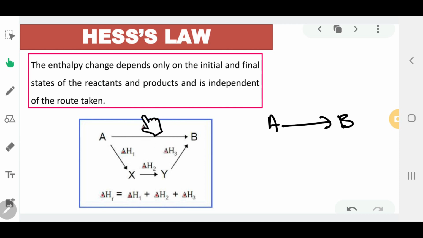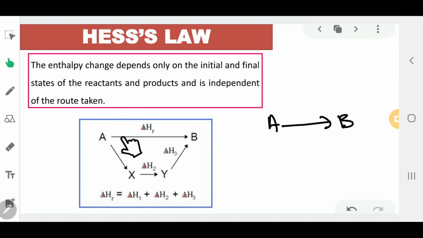You have another pathway of converting A into B, but in the second pathway, A needs to be converted into X, and then from X into Y, and then Y will be converted into B.